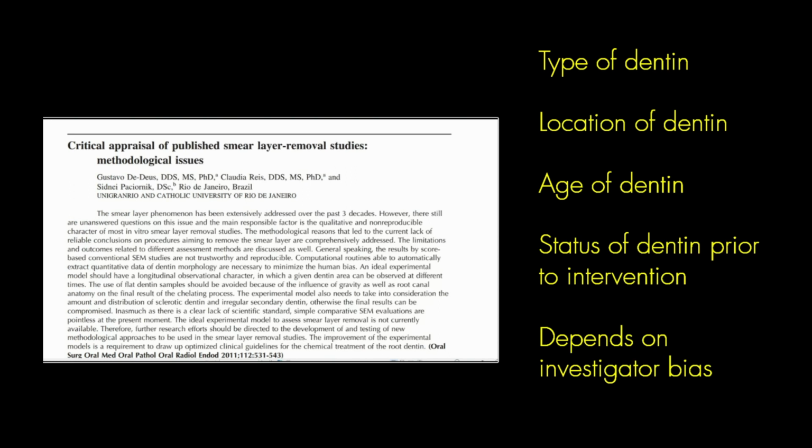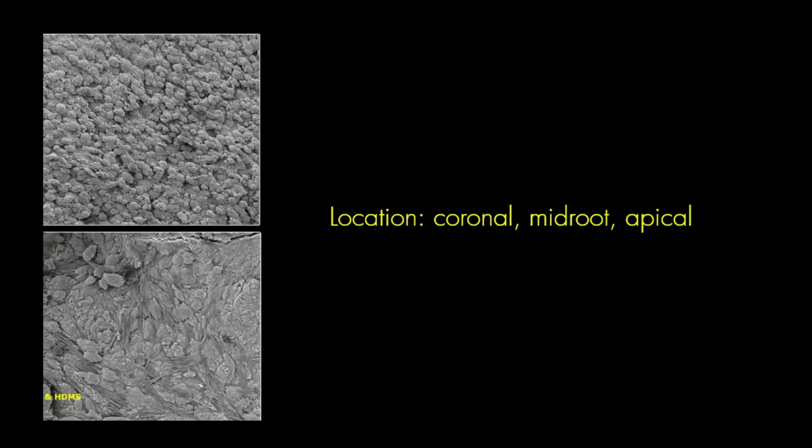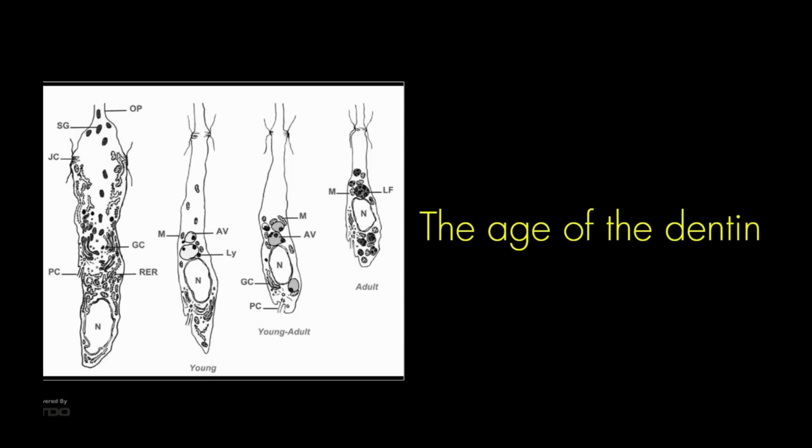And lastly, but not least, it depends on the bias of the investigator, because the investigator can just pick certain areas, and it can be very difficult to really detect the bias of the investigator. So location, age, pre-op condition, and bias all affect imaging interpretation.